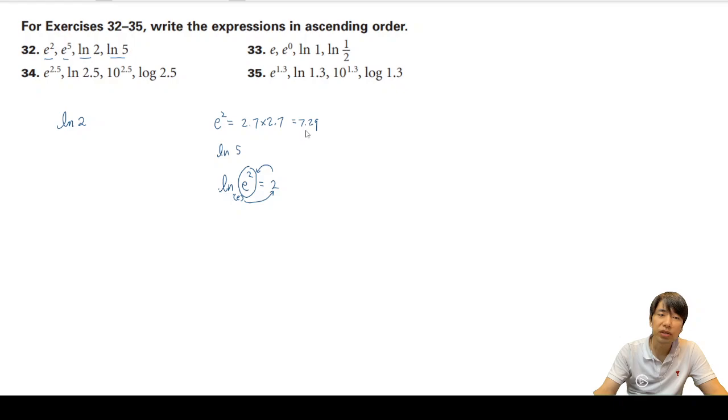So e squared is 7.29, but this 5 is obviously less than 7.29. So if you compare ln e squared and ln 5, you know that this number is less than this number, e squared. So you know that ln 5 is way less than e squared. So the next number is ln 5. ln 5 is actually, let me see, it's like 1.6.